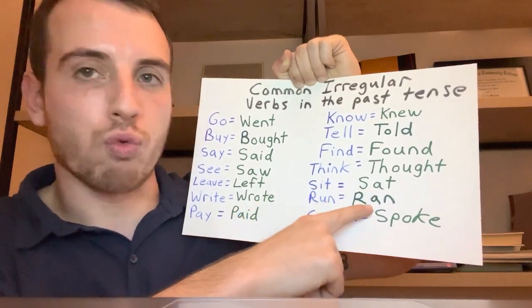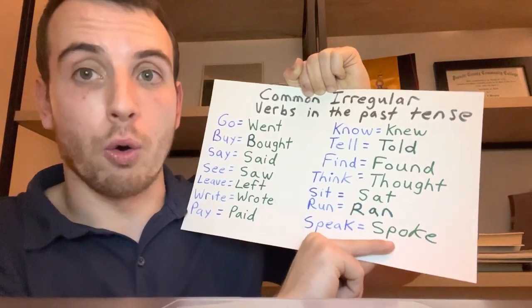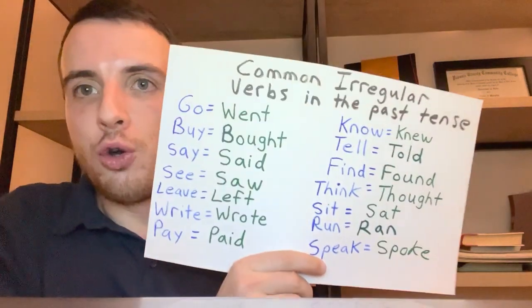Run, ran. Speak, spoke. These are just a few very common irregular verbs used in English, but there are many, many other regular and irregular verbs to learn that are very common in English.